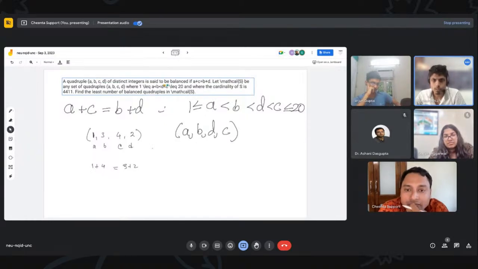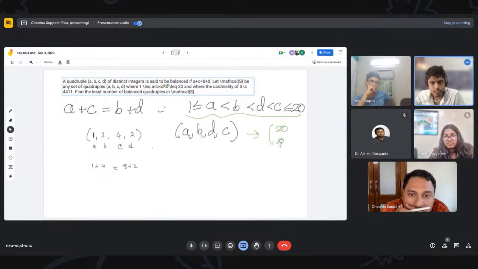So the number of quadruples will be 20 choose 4, is it not? Because if you choose 4 numbers, they are already sorted, so there is only one quadruple after choosing 4 elements.